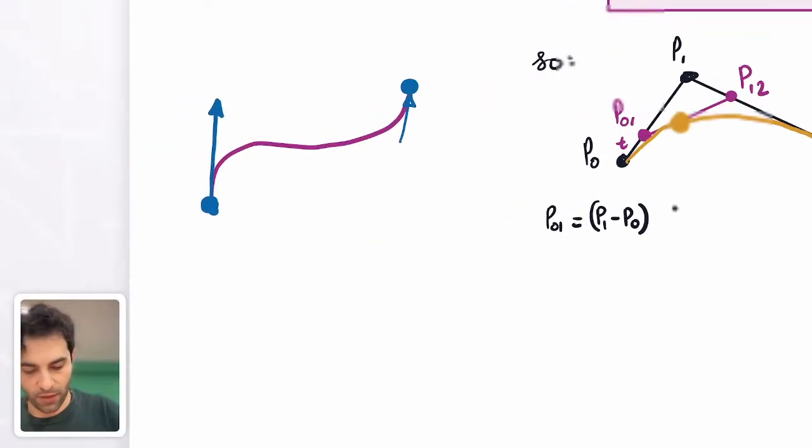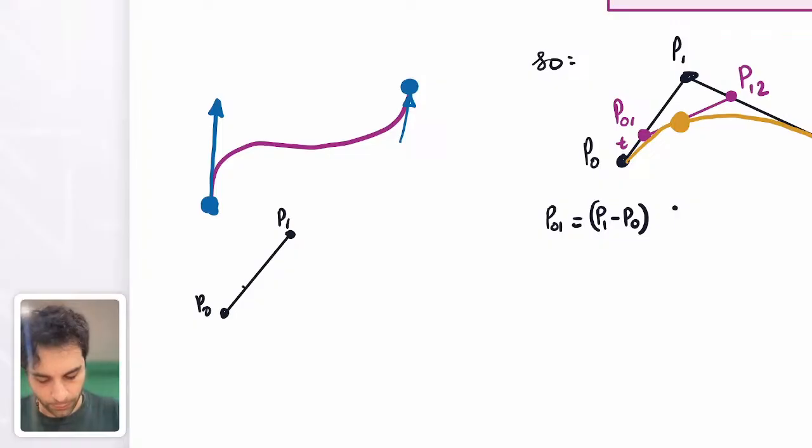So first, let's move along the line. Just keep our life easy. I've got this point P0, I've got this point P1, and I want to move along the line with t. Is that cool? So this point here, I'm going to call it P01. P01 should just be equal to P0, right?